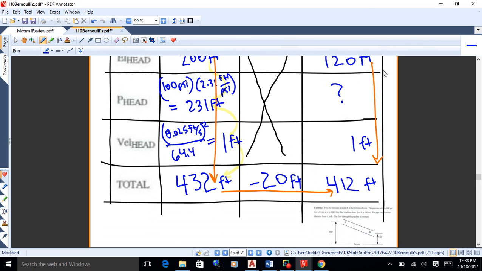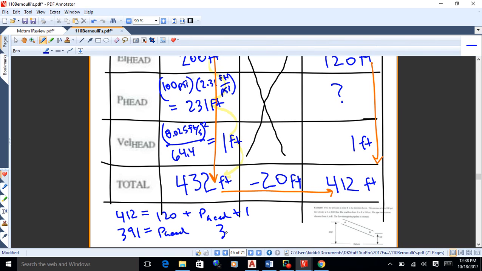So first do the little bit of arithmetic there. Actually, I guess it's algebra. You've got 412 is 120 plus whatever that pressure head is, plus 1. So 391 is the pressure head.